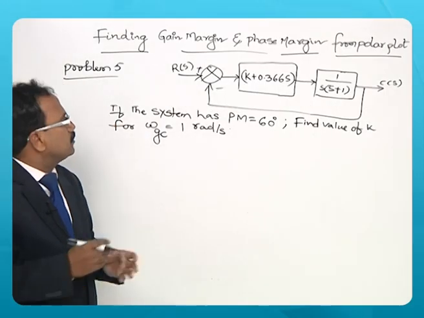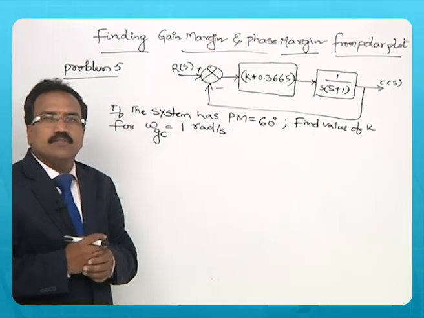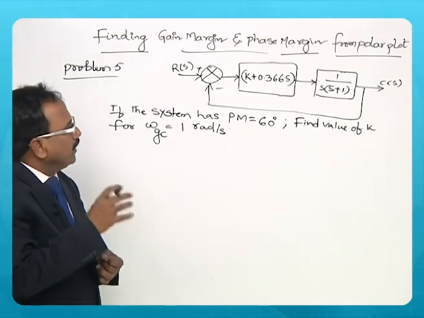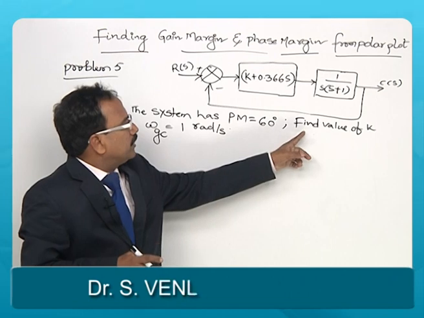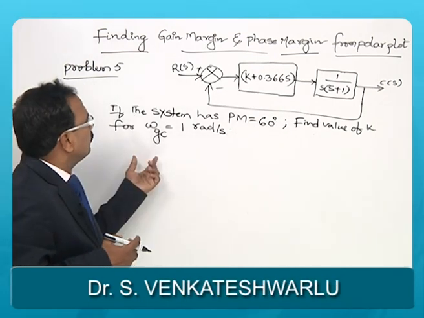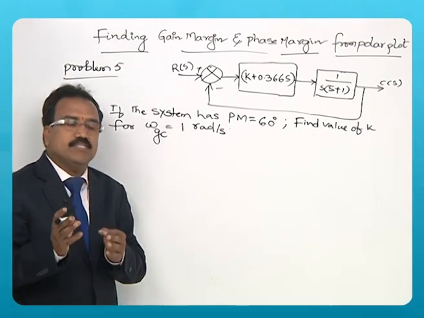There is one unknown term in the block, that is K. So we need to find the value of K for this specific phase margin of 60 degrees. And another piece of information given here is the gain crossover frequency, 1 radian per second.